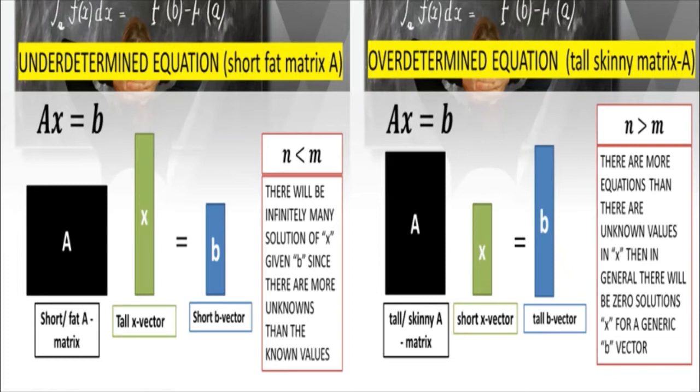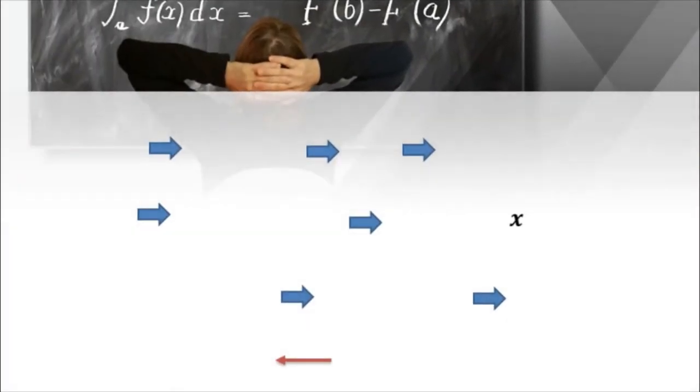While in the overdetermined case, there are fewer unknowns compared to the known values, which results in no solutions. But this is not always true. Now let us give an example where the previous cases, the overdetermined and the underdetermined equations, were not true.